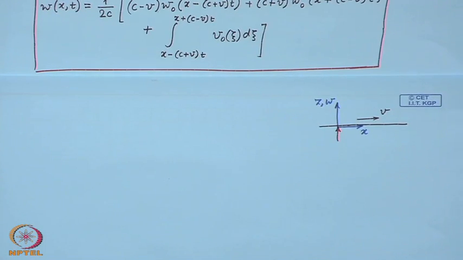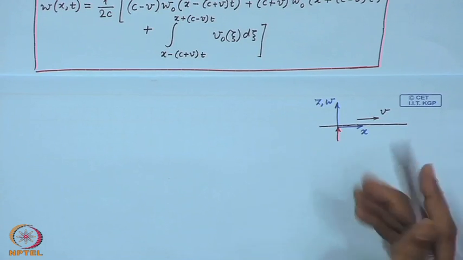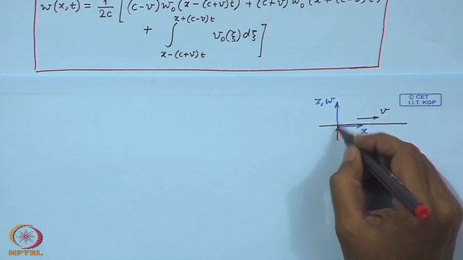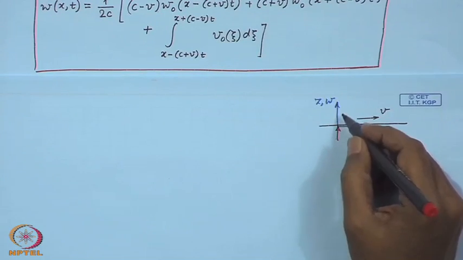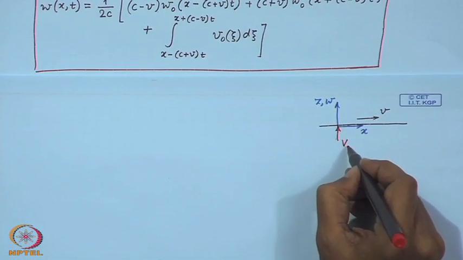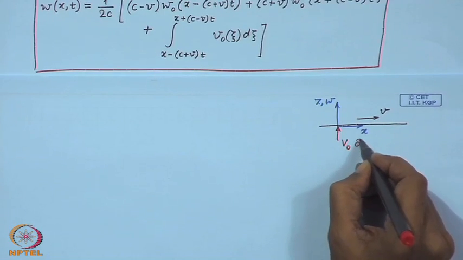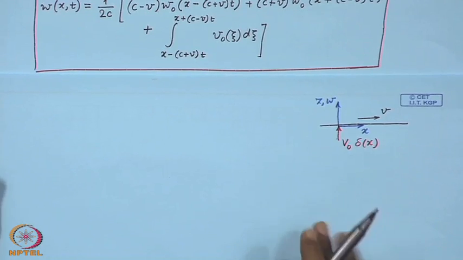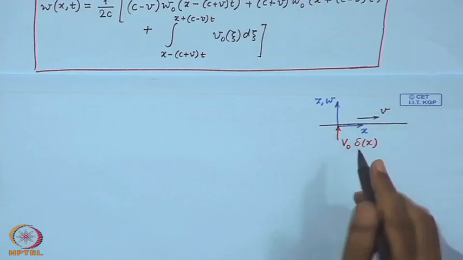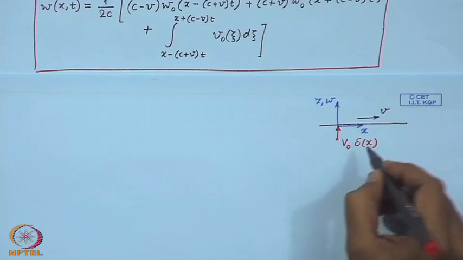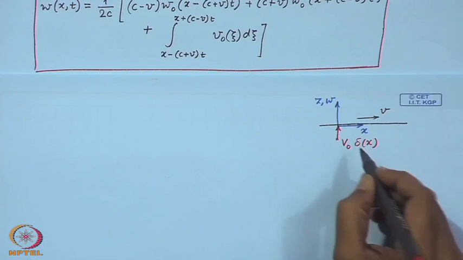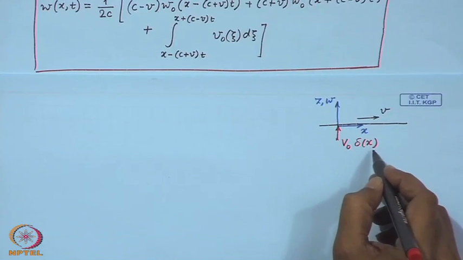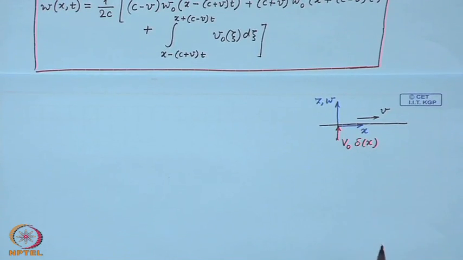Now, we have discussed this before. If you give an impulse, it sets a velocity condition on the string at the point at which this impulse is given. So, let us consider the velocity distribution as v naught delta(x), where delta is the Dirac delta function.